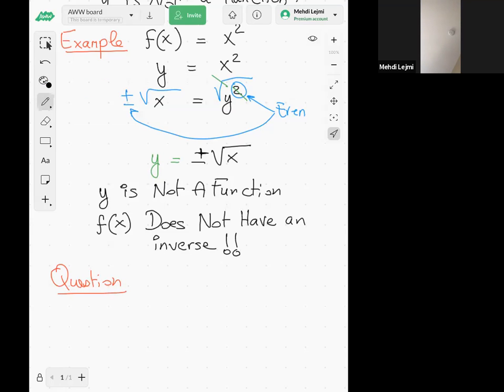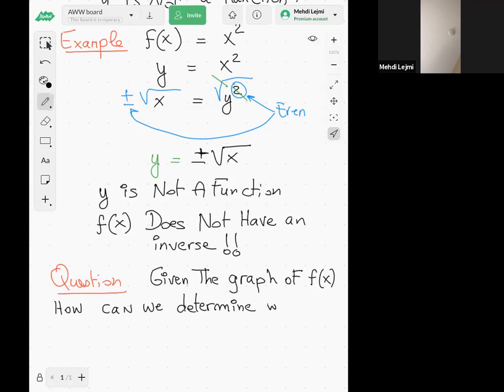Given the graph of f of x, how can we determine whether f of x has an inverse?